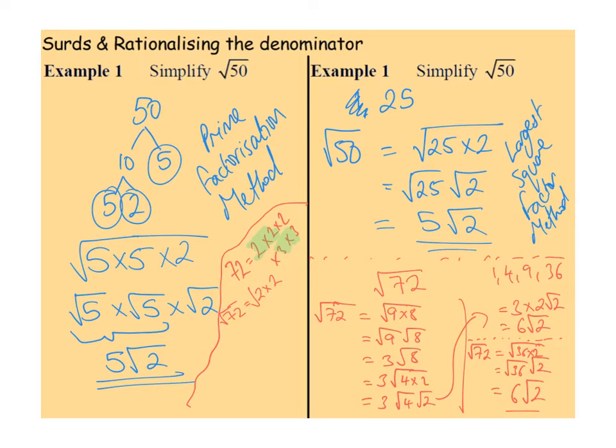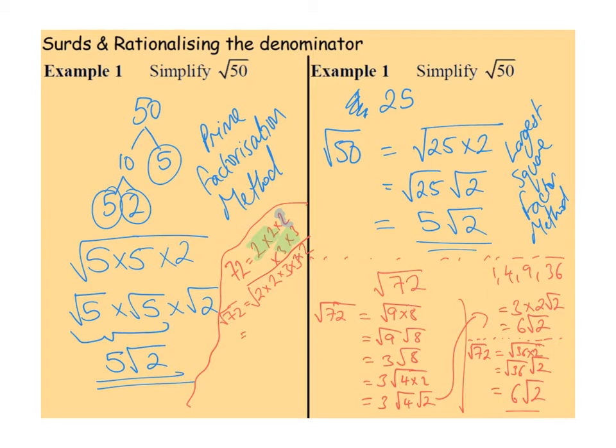So that's root 3, root 3, and that leaves me with this at the end. So that's going to be just a square root of 2 on its own. And then using the rule from the last page, I can split this up.